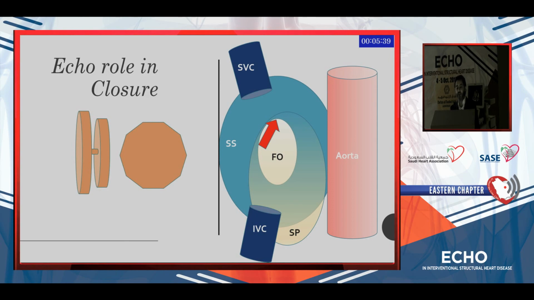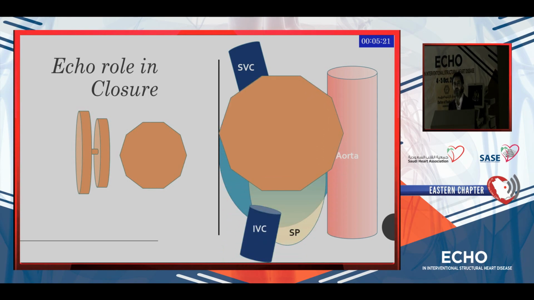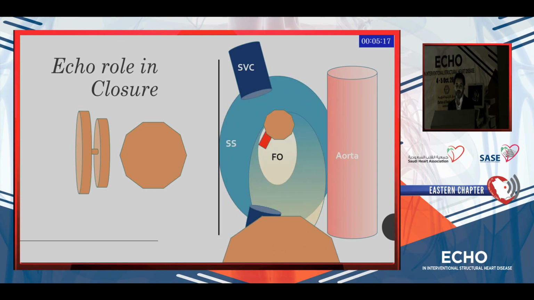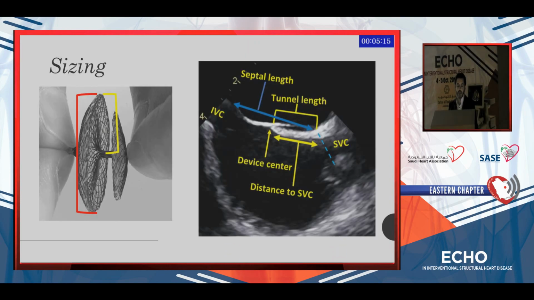However, you also want to make sure that your device is not too big, to prevent it from impinging on the SVC or the aorta or the posterior membrane. If your device is too small, the PFO closure might not be adequate. If it's too big, it will interfere with the SVC flow and the aorta.